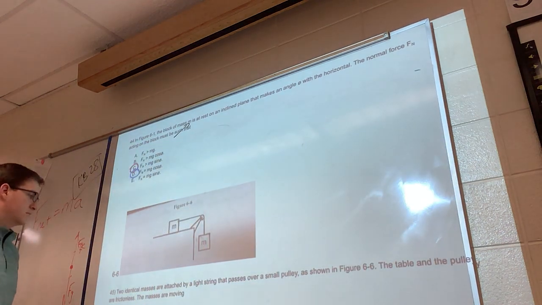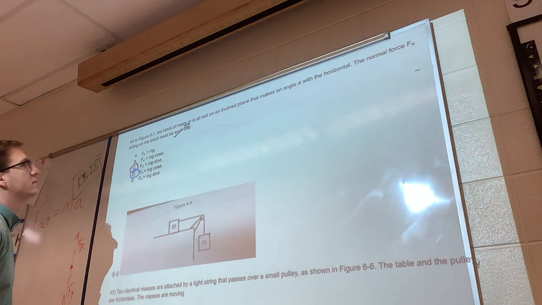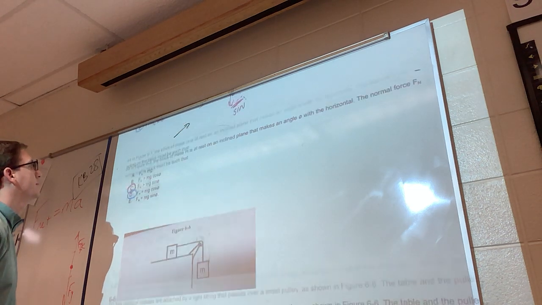The block of mass is at rest on an inclined plane that makes an angle theta with the horizontal. The normal force Fn acting on the block must be such that... So let's put it this way.